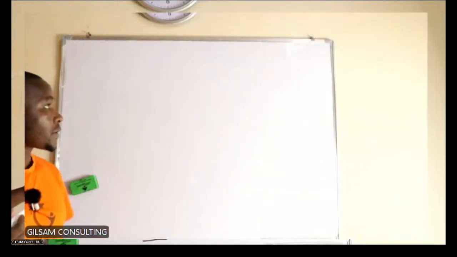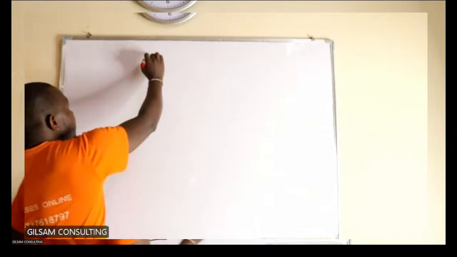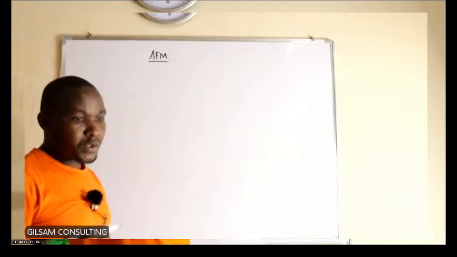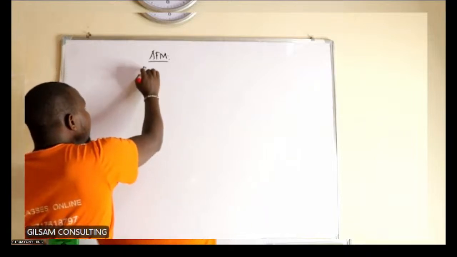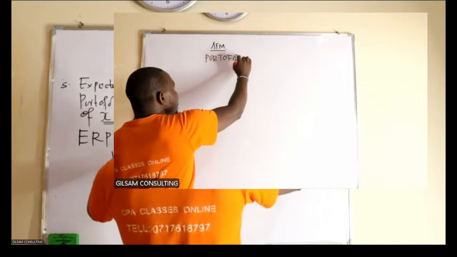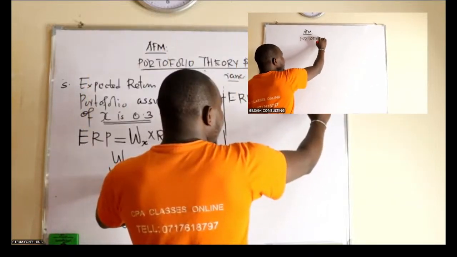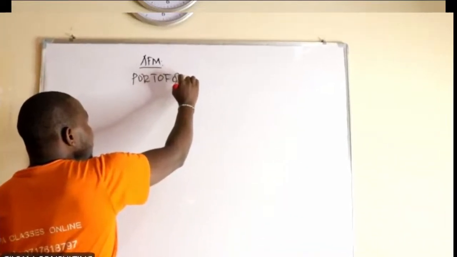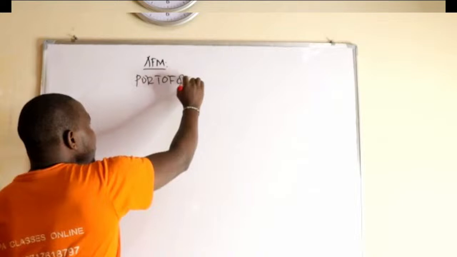Let's now get the expected return for this. We have the two weights. So the return for X is 16, we multiply by the weight 0.3, plus the return of Y times the weight of Y, 0.7. That will give us the expected return.